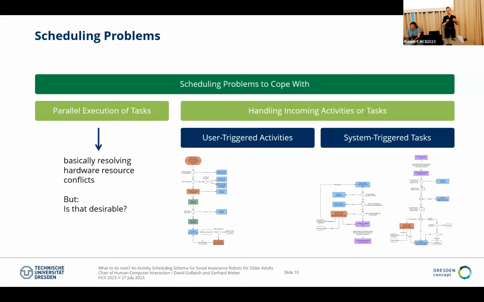There's something coming in externally, and we have to decide what kind of task it is, and whether we should perform an activity immediately, or prioritize user commands, or whether it is an incoming system triggered event that is not very time critical, or an emergency case like this fall detection, for example. So we have to decide on that here.